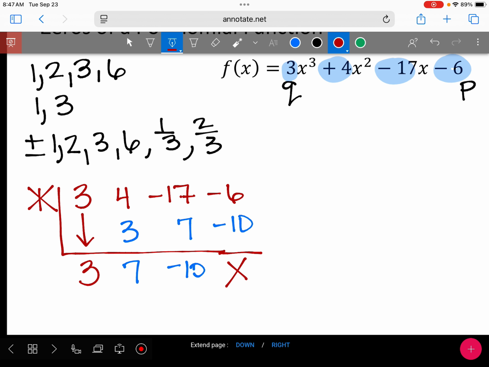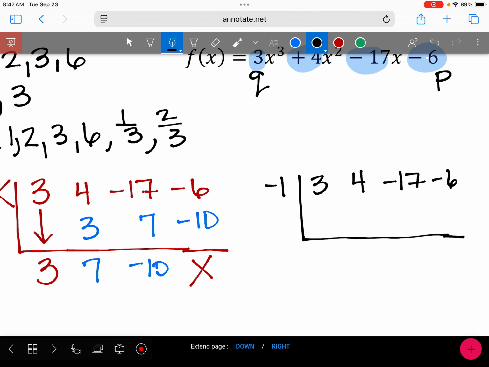So let's move on and do it again with negative 1. Let's test negative 1. Same process. So we need to find one that's going to work before we can move forward. So I'm going to bring down the 3. Negative 1 times 3 would be a negative 3.